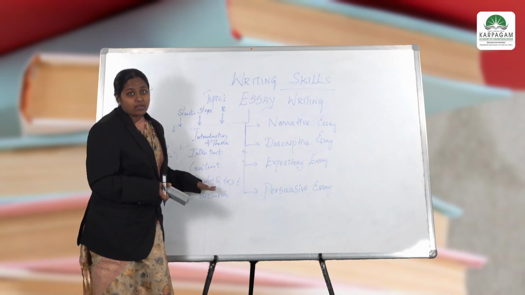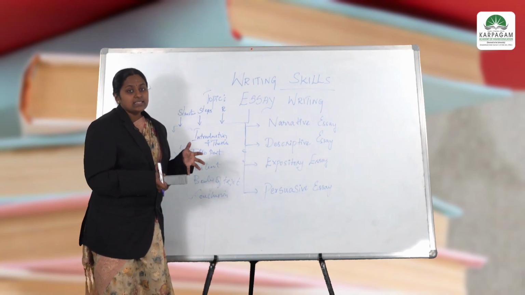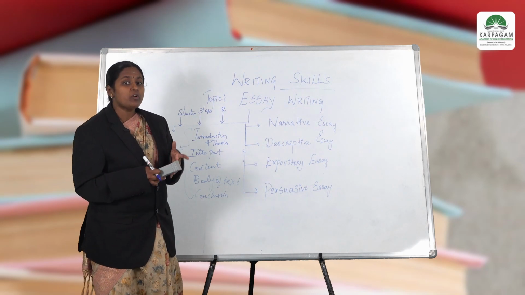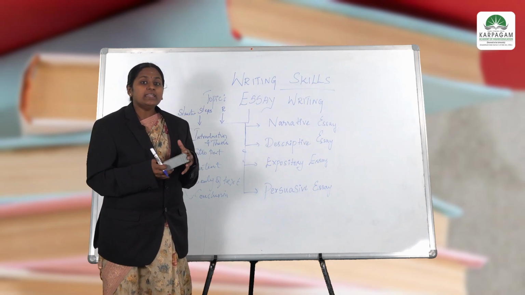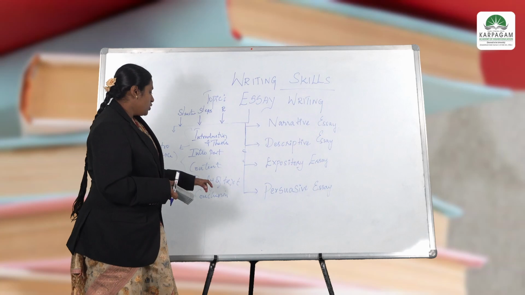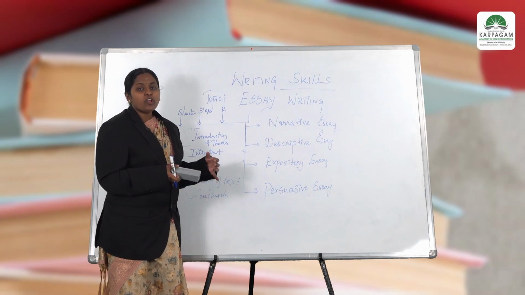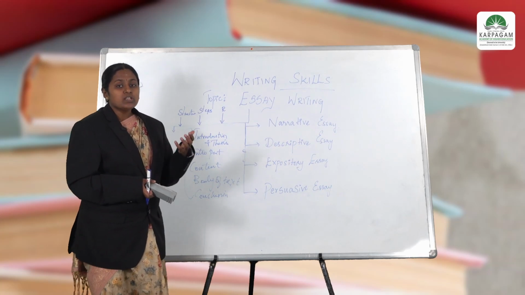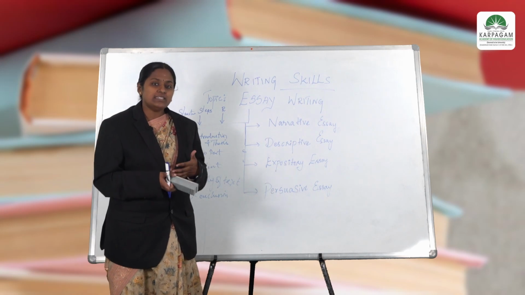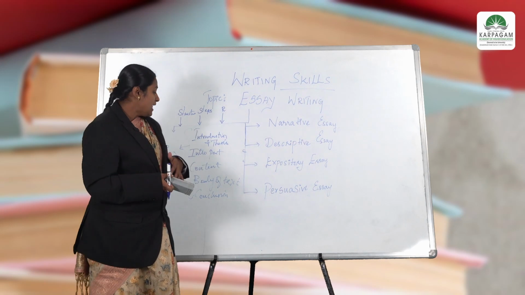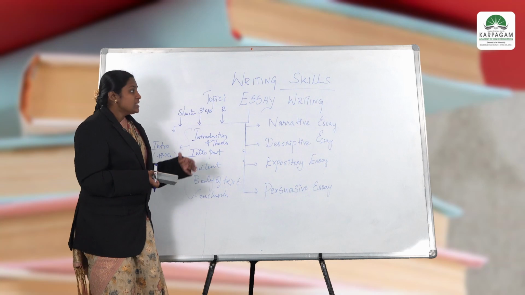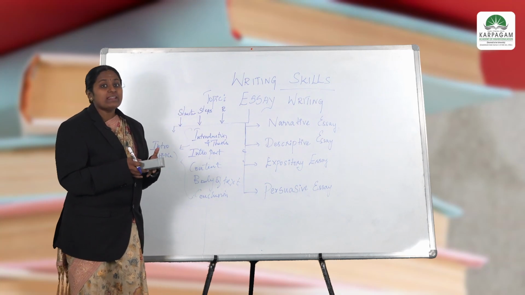Then you explain the facts, that is the content. The content gives more information about what is given in the introduction in a detailed manner, and then you give the body of the text. The body of the text is the title you are giving, no? That will be explained in more detail in the parts, and then you will give a conclusion. So these are the steps you will follow while writing an essay.